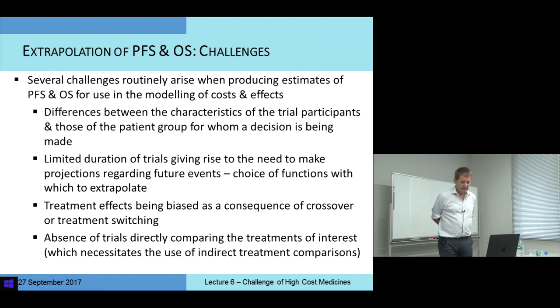The second one is the one I was just emphasizing previously, that trials have limited duration, and so you have to try and predict the future from the trial, what happens next. And that's difficult because there's different ways of doing it, and the different methods give you different answers.